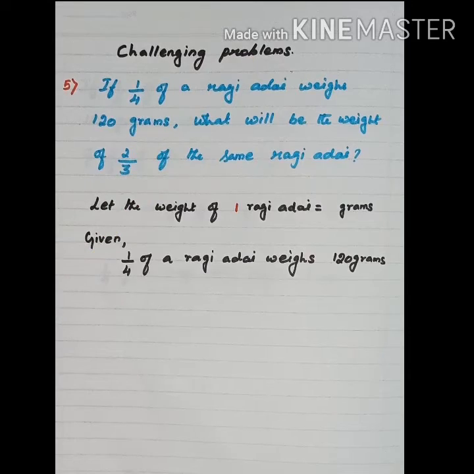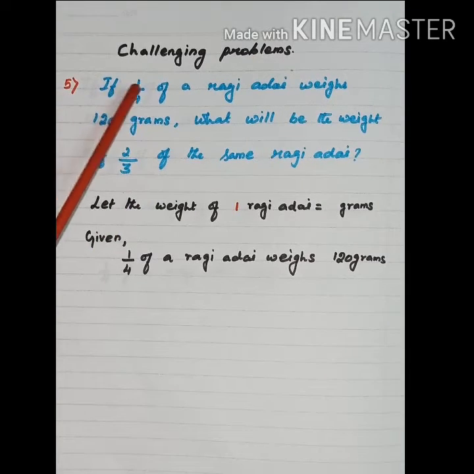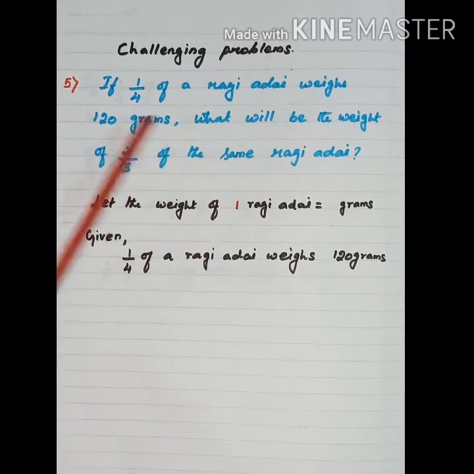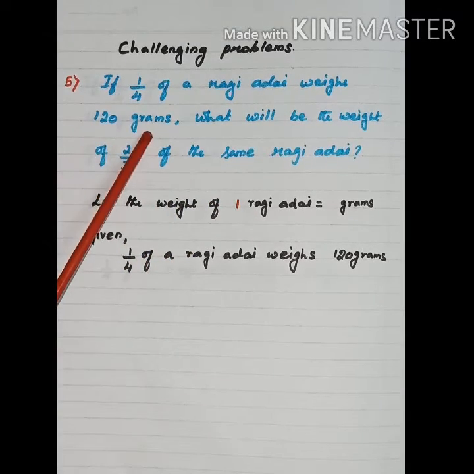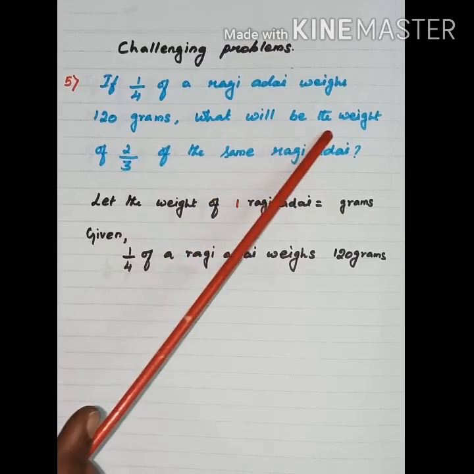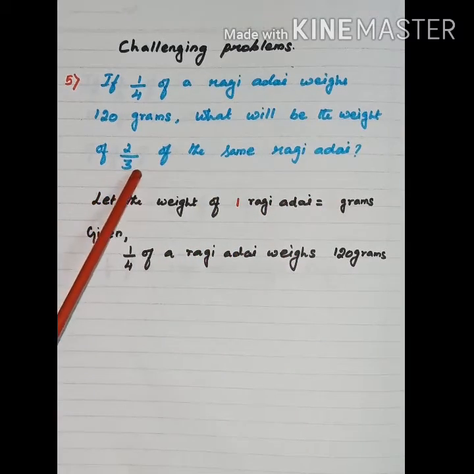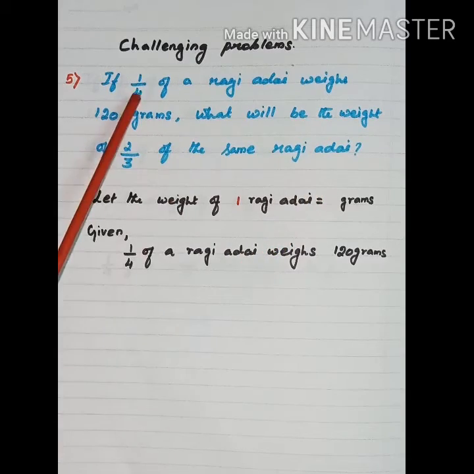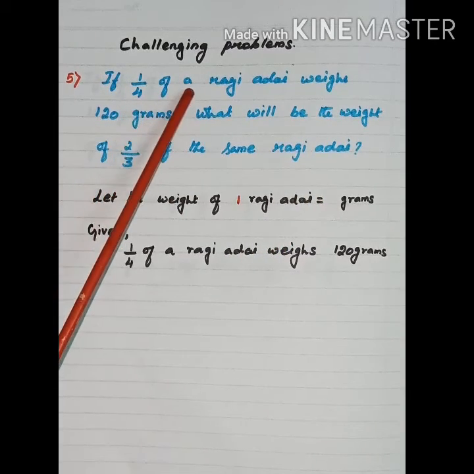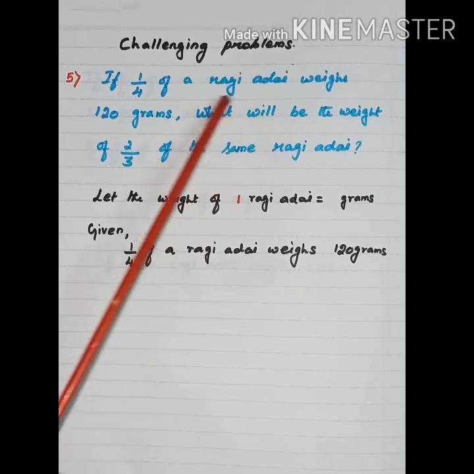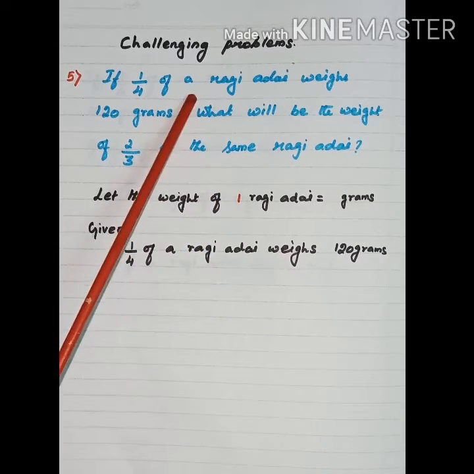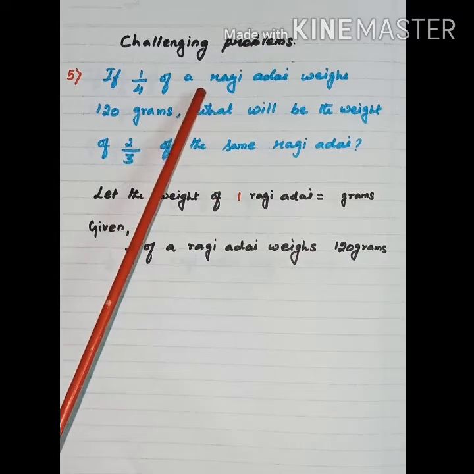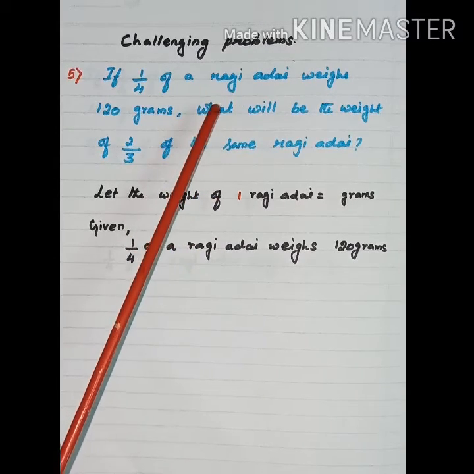Challenging problems. Fifth one is, if 1 by 4 of a ragi adai weighs 120 grams, what will be the weight of 2 by 3 of the same ragi adai? Here 1 by 4 of a ragi adai is given. We don't know the weight of the one ragi adai.